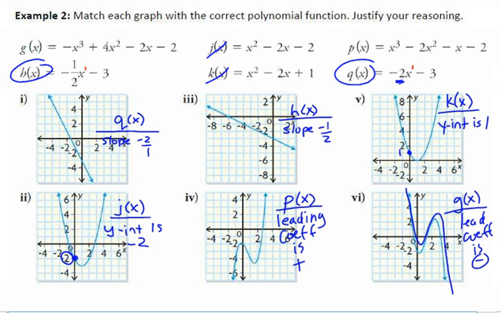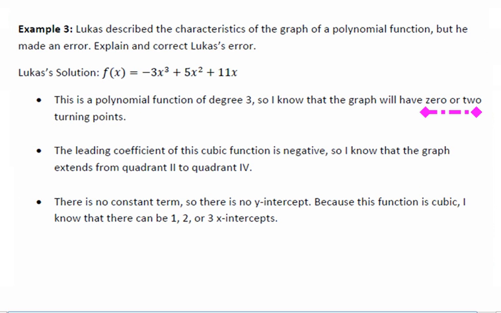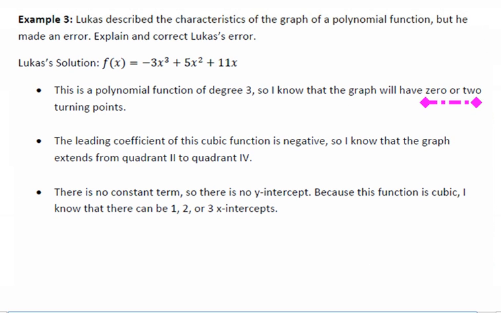All right, Lucas, one more question. Lucas describes the characteristics of the following graph. Explain and correct Lucas' errors. Let's go through. This is a polynomial function of degree 3.